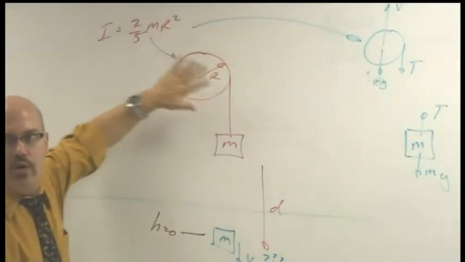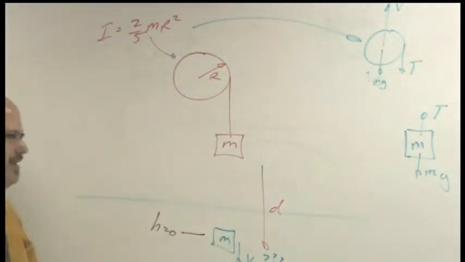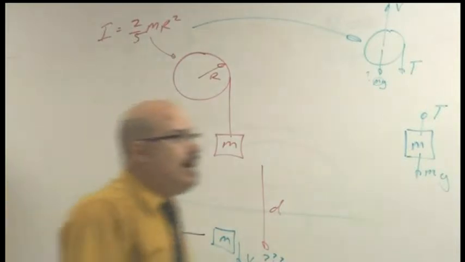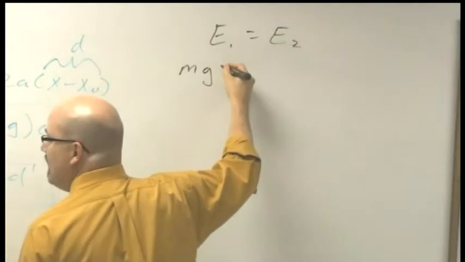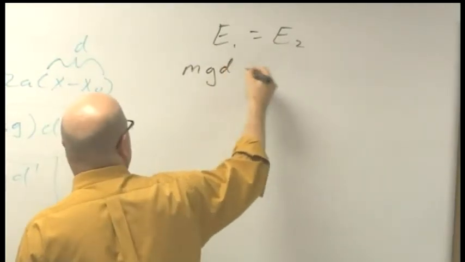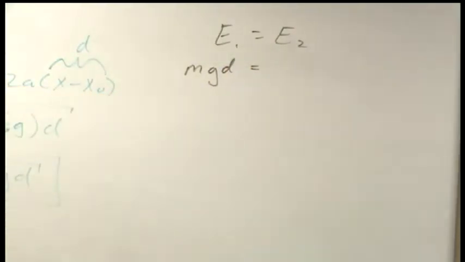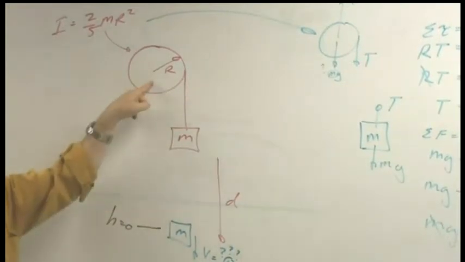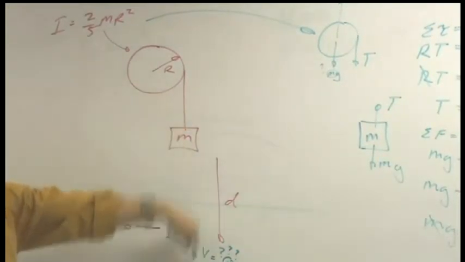We just know it's not going to do anything, right? So what kind of energy do we start with? Just mgd. What kind of energy do we end with? Kinetic of both. This has translational kinetic energy as it descends.